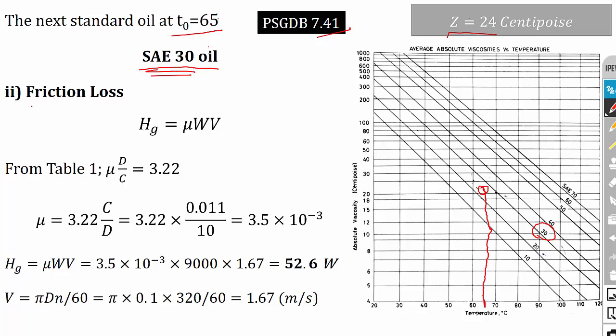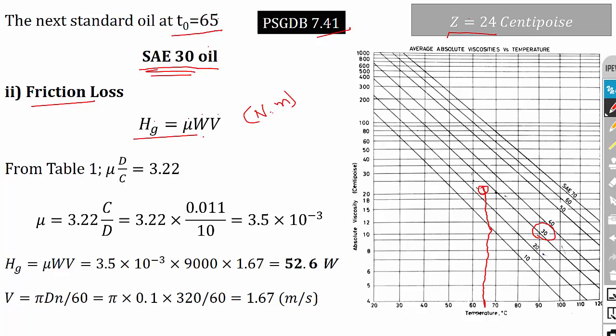Then the second step is friction loss. Friction loss means the heat generated because of friction. So Hg is the friction loss, and we know that Hg is equal to mu W into V. For calculating the Hg value we have to use Newton and meter.